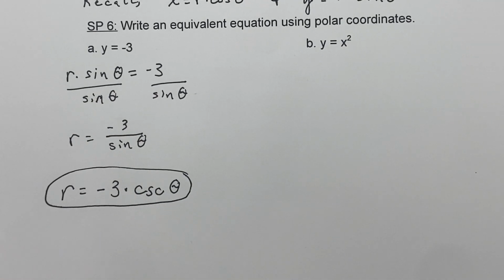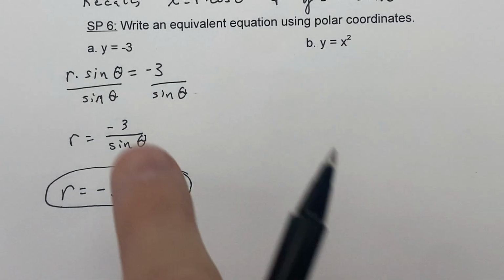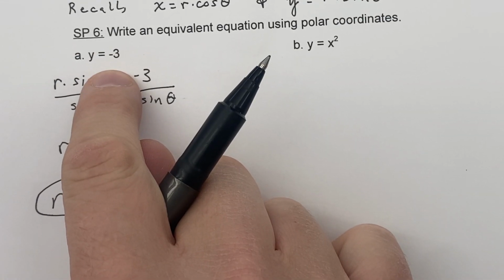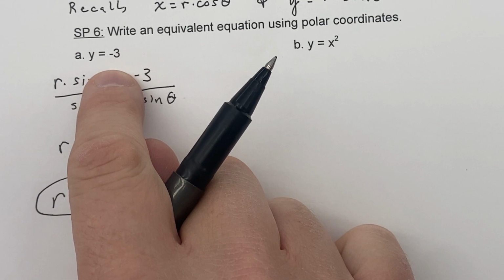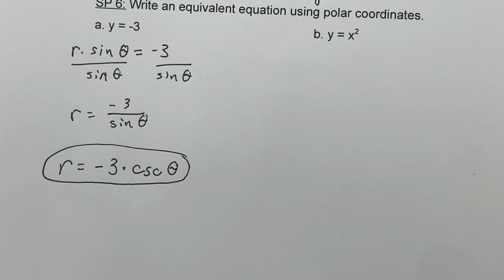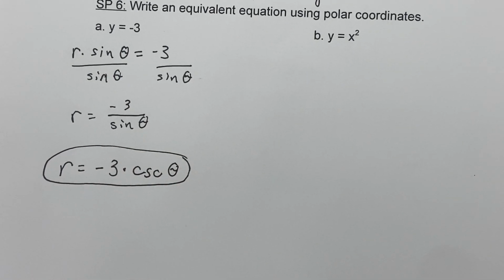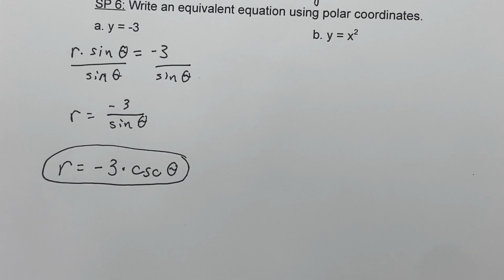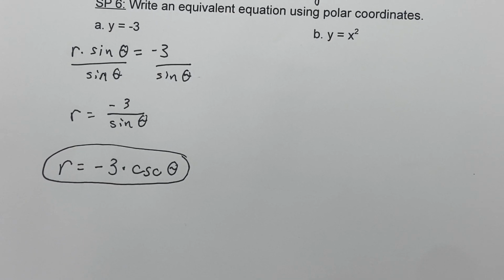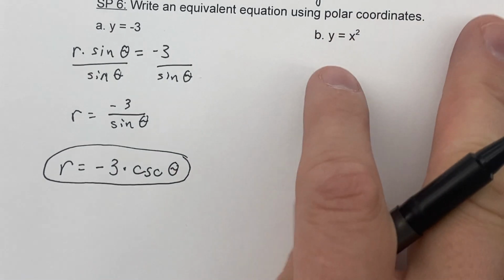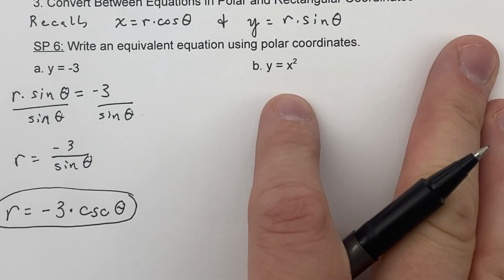Once again, just so we know what we did here, we've taken the rectangular coordinate equation and now we've come up with an equivalent polar coordinate equation using our r and theta, with our equations and substitutions. Let's go ahead and do another one. We've got y is equal to x squared.